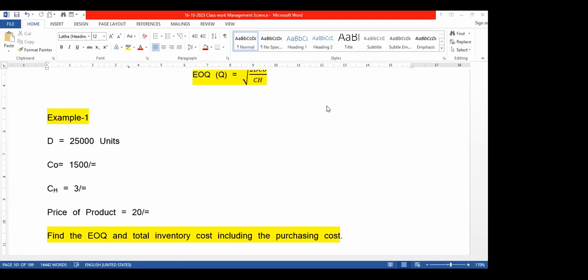Total inventory cost is 15,000. How much total purchasing cost?